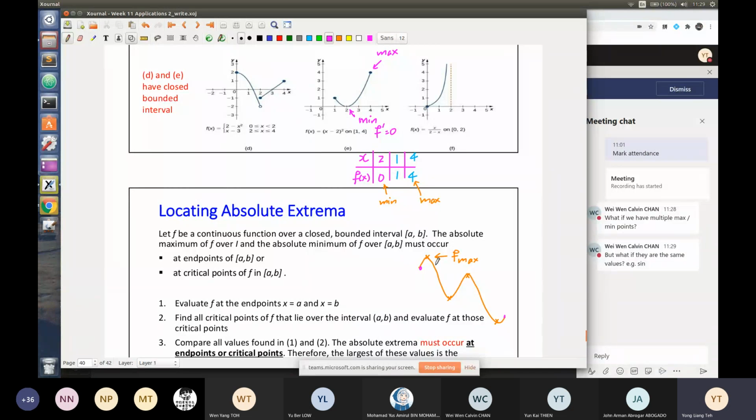Which actually means that you've got infinite critical points, if of course your interval is unbounded. If your interval is closed and bounded, then you have to count how many points are there in the interval, because your critical numbers are appearing in a periodic fashion.